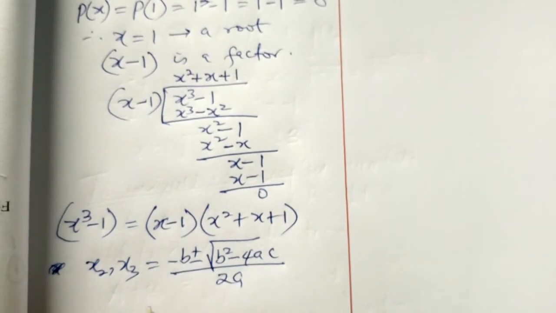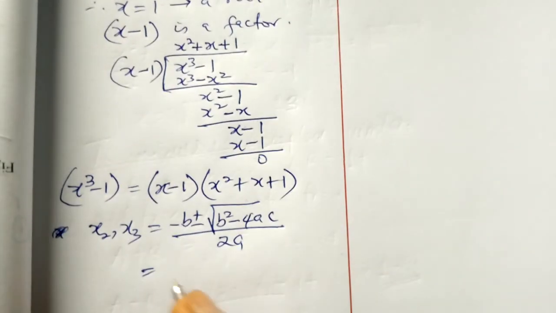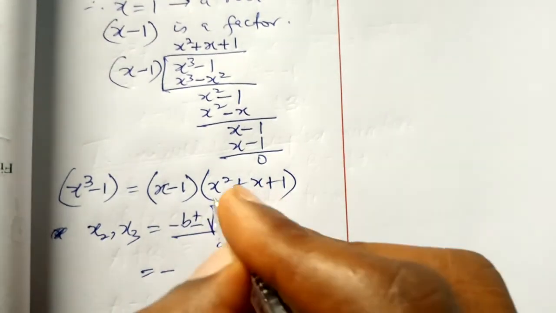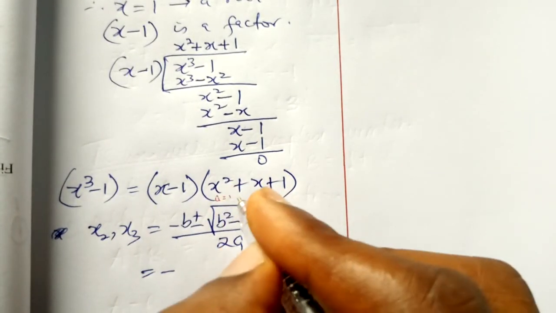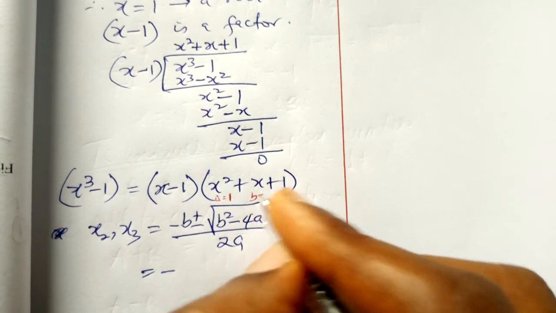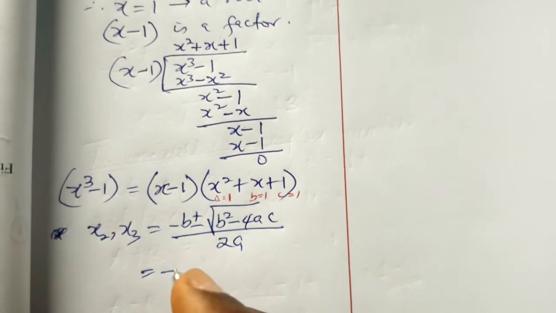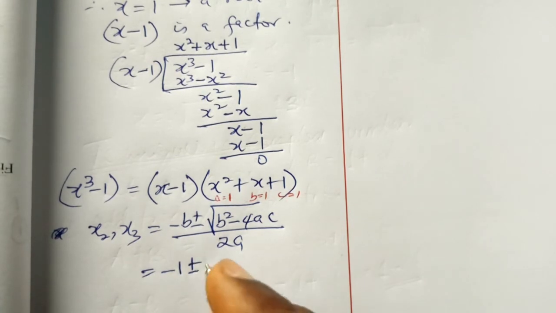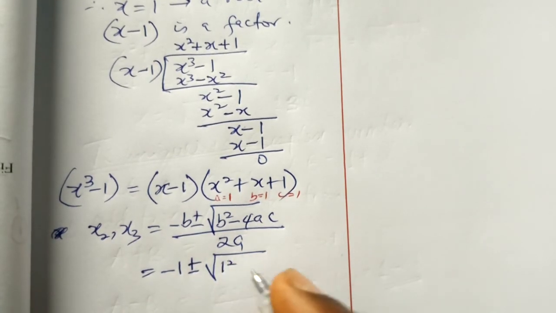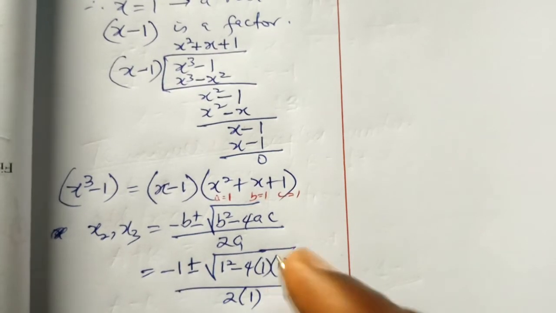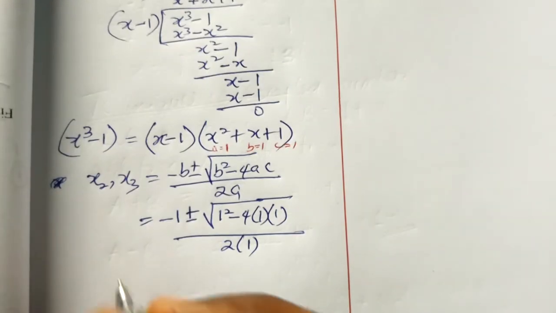Here a is 1, b is 1, c is 1. So if we put it in, minus 1 plus or minus the square root of 1 squared minus 4 times 1 times 1, all over 2 times 1.